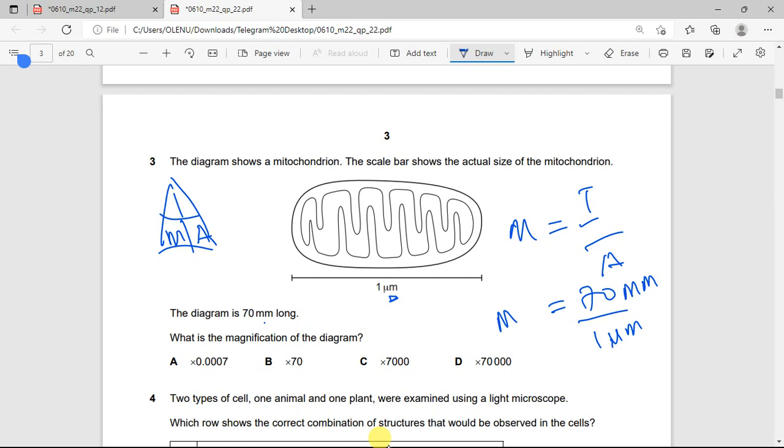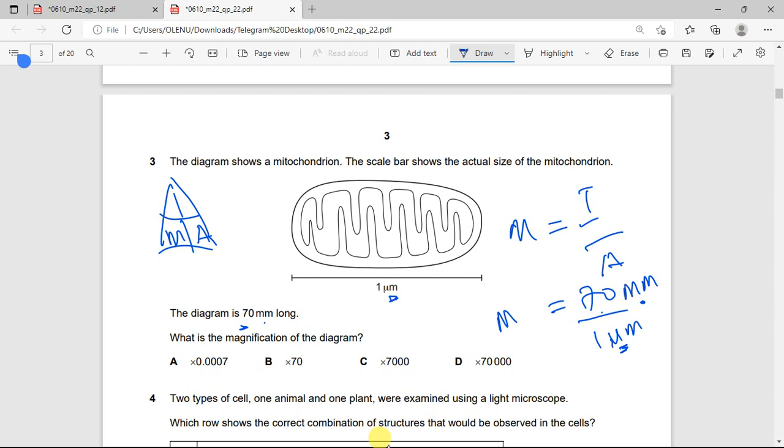So in this case you have to convert. My formula is image over actual. The scale bar shows the actual size of the mitochondrion. For you to be able to divide, you need to convert the units to be equal.